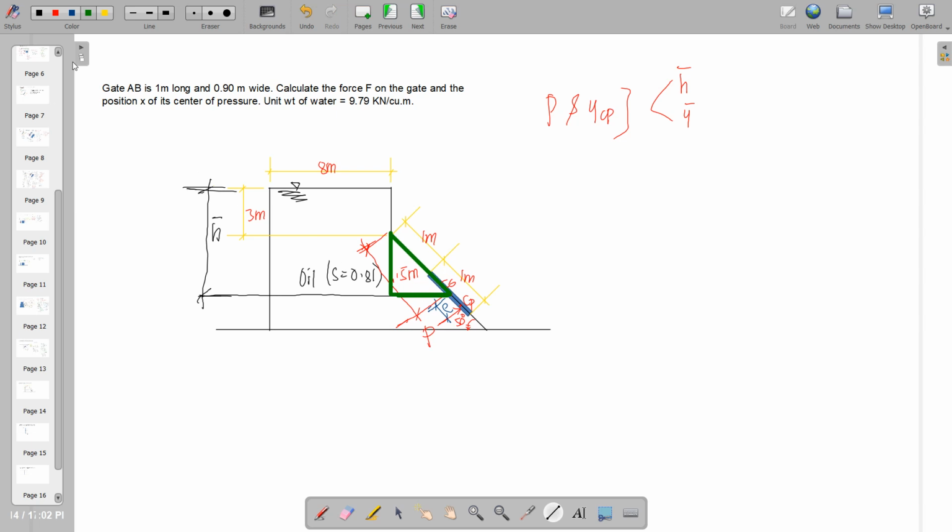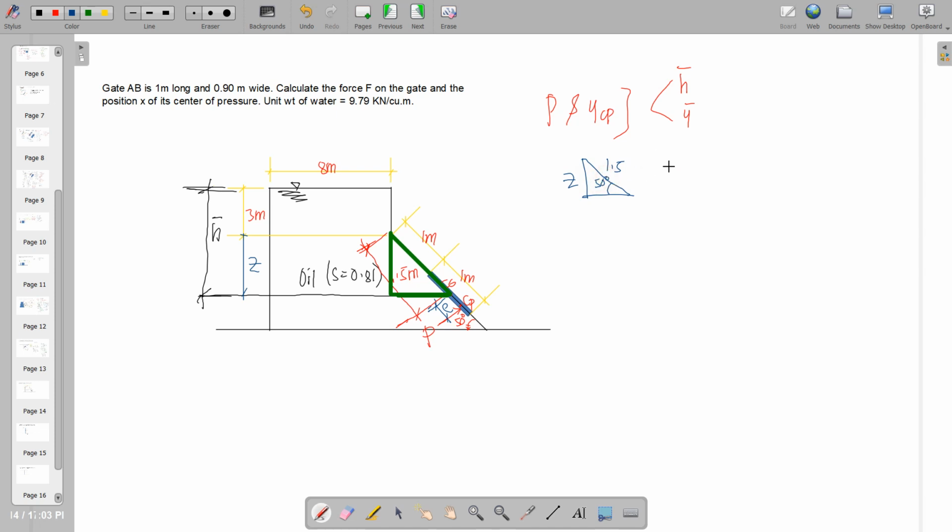I'm going to label this as Z. Therefore, H bar is equal to 3 plus Z, as simple as that. And we can relate Z by that right triangle, simply that 1.5 is the hypotenuse, this is Z, and we know that this is 50 degrees.